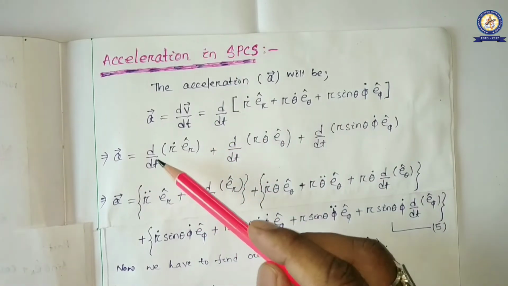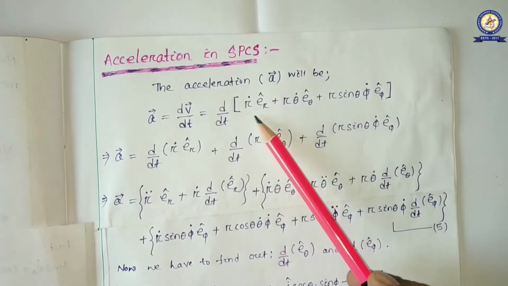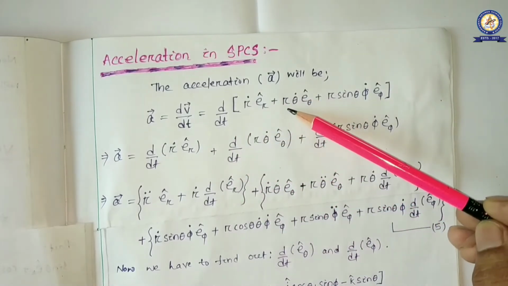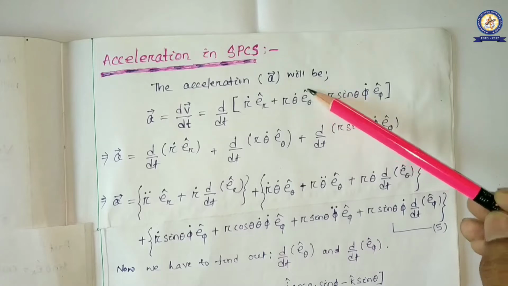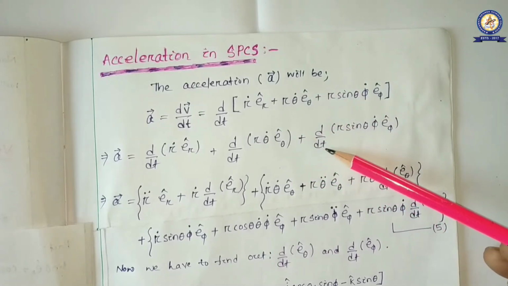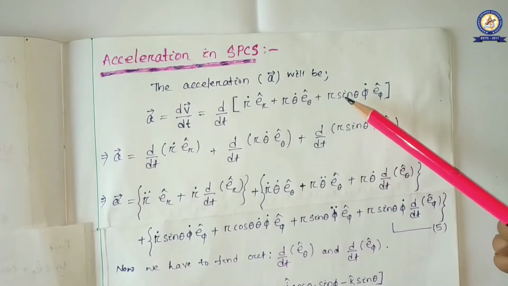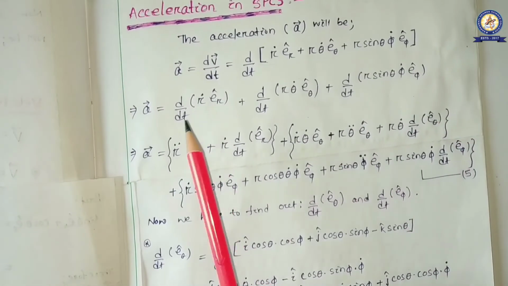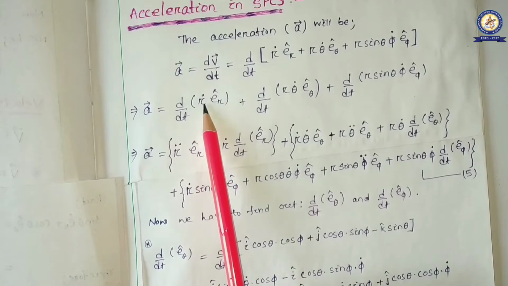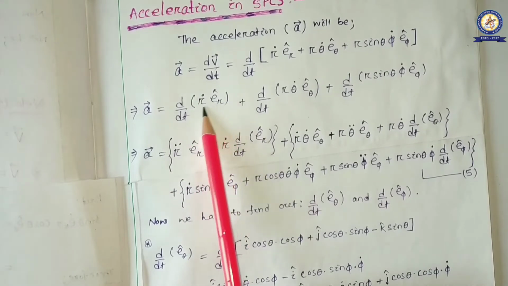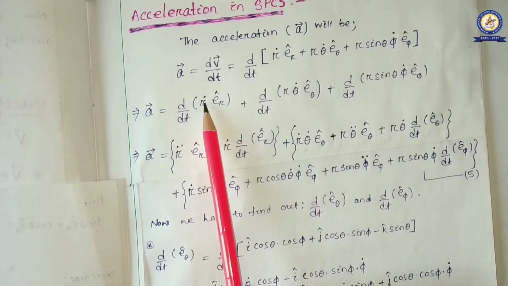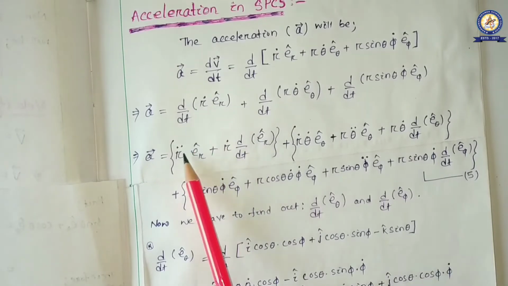So here d by dt of r dot e_r cap, d by dt of r theta dot e_theta cap, d by dt of r sin theta phi dot e_phi cap. First we have to consider this term, d by dt of r dot e_r cap. Consider the product formula. So first one will be d by dt of r dot, that means r double dot.